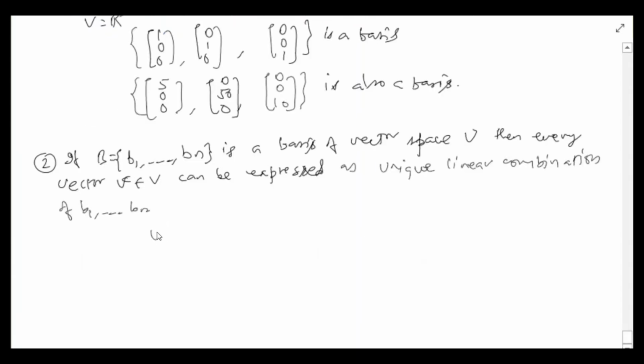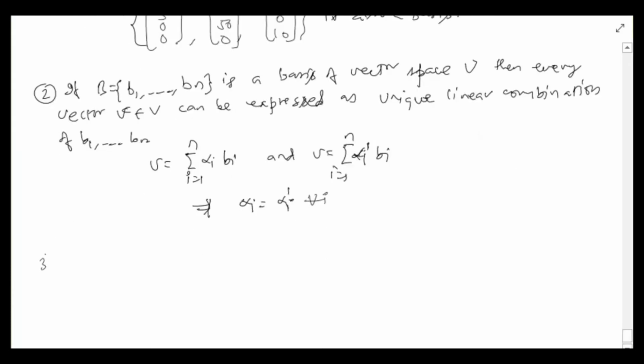What I mean is that if v is equal to the sum of alpha i bi, i equal to 1 to n, and v is also equal to the sum of alpha i prime bi, i equal to 1 to n, this can happen only if alpha i is equal to alpha i prime for all i. So this was the second property.